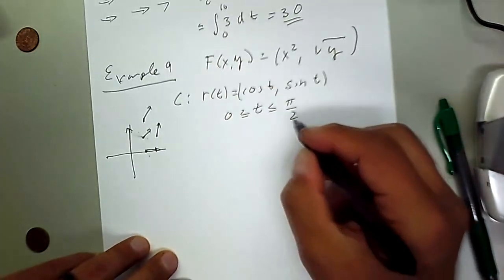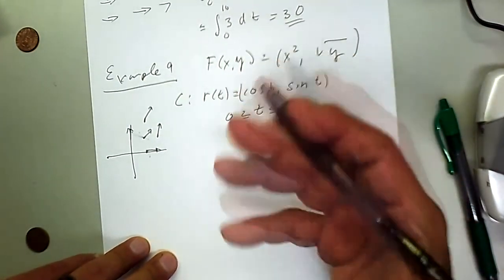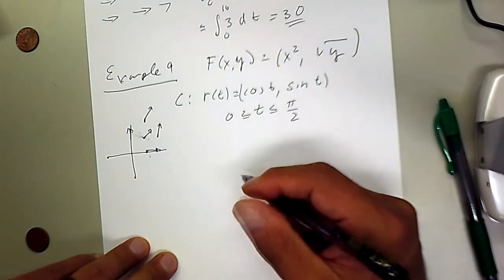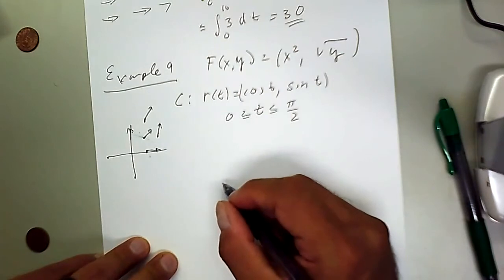And the question is, as we go along this path, what is the integral over that path of this vector field?